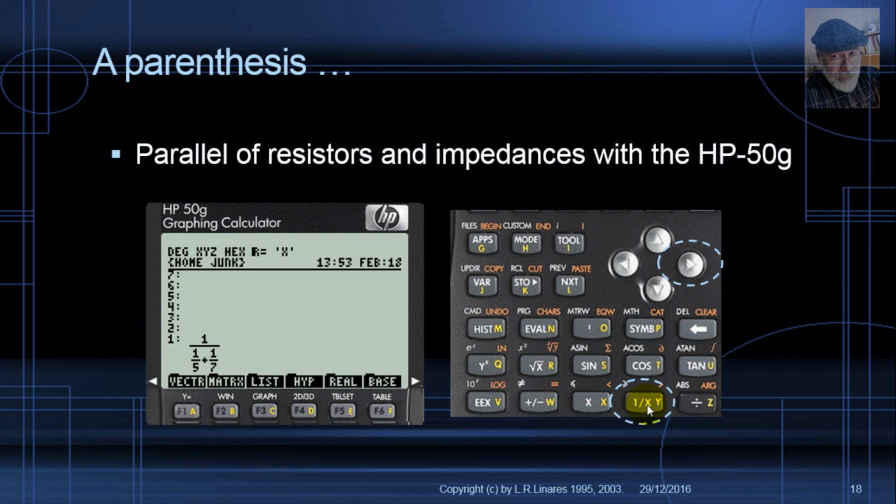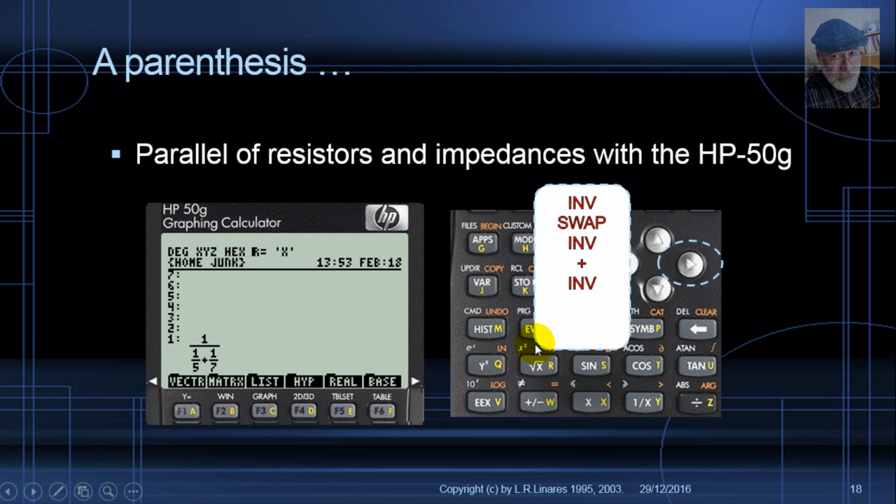So, of course, that is a symbol. If we click on, let's say, evaluate, we will get an evaluated simplified version. By the way, let's review the steps to put those two resistances in parallel: invert, swap, invert, add, and invert. If only we could make the calculator memorize those 5 keys in that order to be executed at our command every time we need to connect two resistors in parallel.